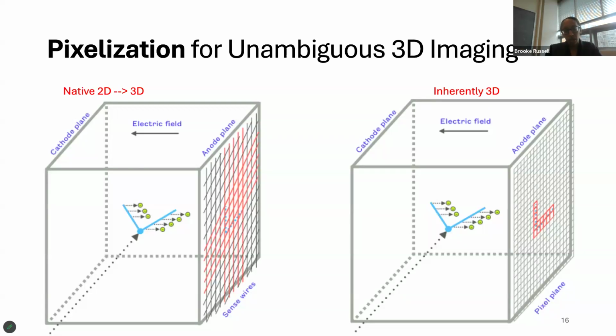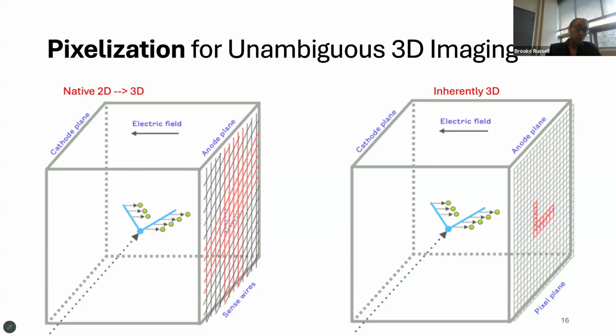Historically, we've read out these liquid argon detectors with so-called projective readout. When you have a liquid argon detector, when a charged particle traverses the active medium, it ionizes the argon, producing ionization electrons. We bias one side of the detector and keep the other side, the anode, at ground, such that we create a uniform electric field.